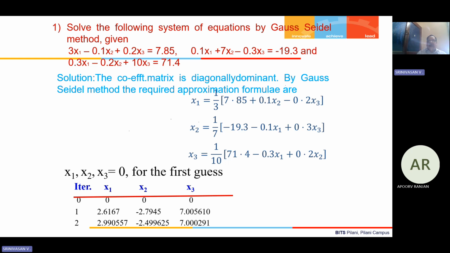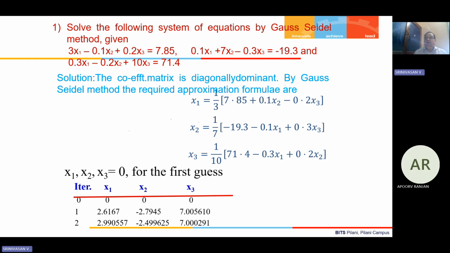At that time, what is x2? Having found x1, x2 is 1 by 7 into minus 19.3 minus 0.1 into, and this is very, very important: in Gauss-Seidel method, the latest value is taken for computation of the next variable. So here don't put 0.